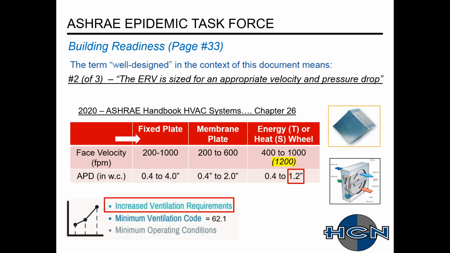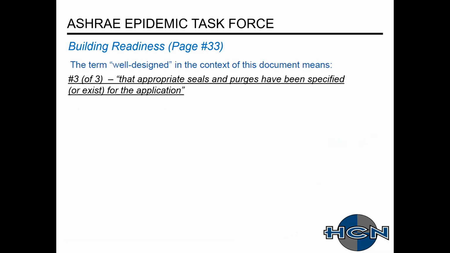Then you have to be concerned with our epidemic requirements, or just suggestions here, where instead of providing the minimum ventilation code, they want you to increase your amount of outside air to go above and beyond your code requirements. And just as you would expect, as you put more outside air through your energy recovery device, you would have a higher face velocity and therefore a higher air pressure drop. So just be careful of that, all right?